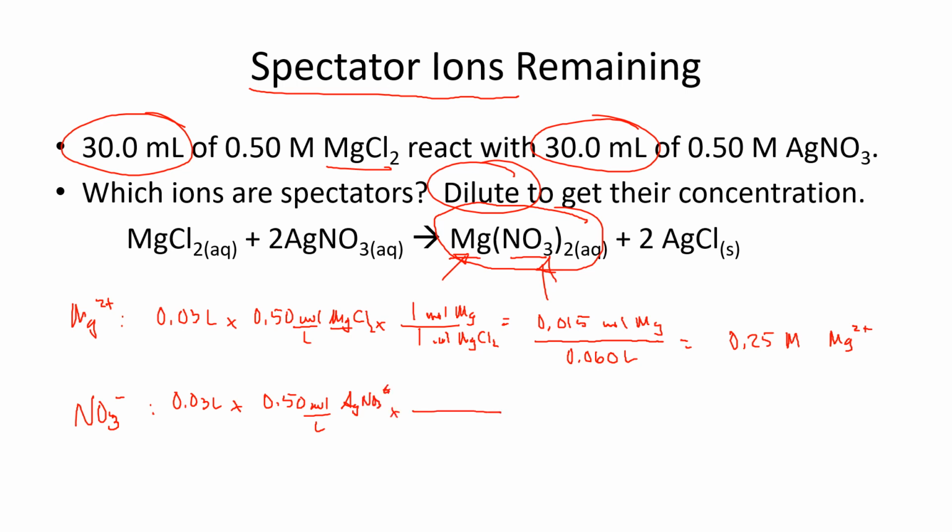But we see that there's also 1 mole of nitrate for every 1 mole of silver nitrate. And so you're going to end up with the same number of moles, and the same final volume, which means you'll end up with the same final concentration. Great.